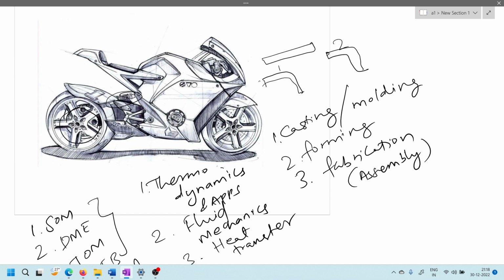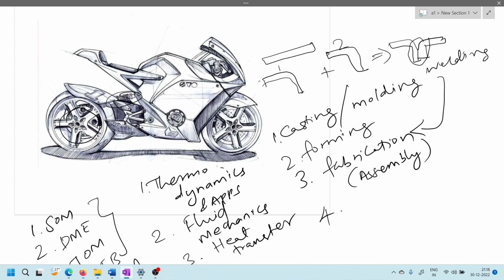By doing welding we can create a shape like this as per our requirement. Here we are doing the welding. That comes under the category of fabrication or assembly work.